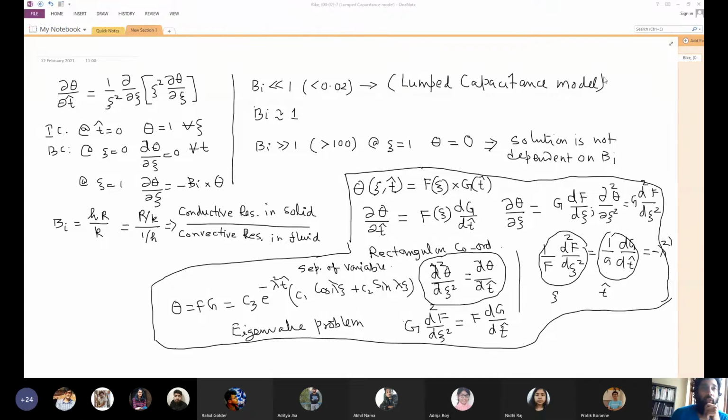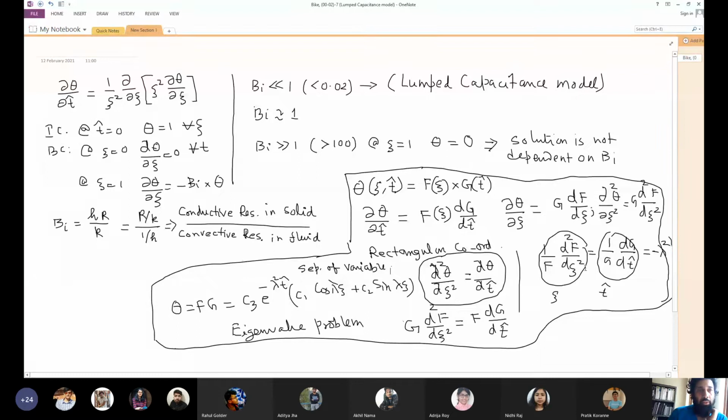While that question is being typed, let me just quickly go over the entire process. This is the partial differential equation. We assume that this theta, which is actually a function of zeta and t hat, can be written as a product of a function which is completely a function of zeta and a function which is completely a function of t hat. Then we substitute this assumption into this equation, and we get something like this.